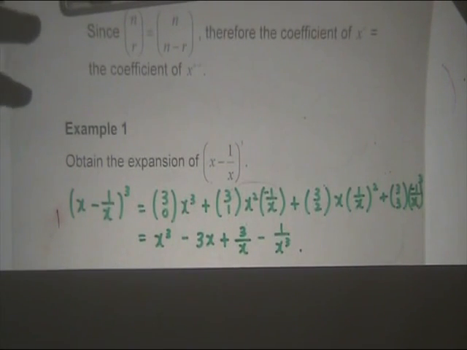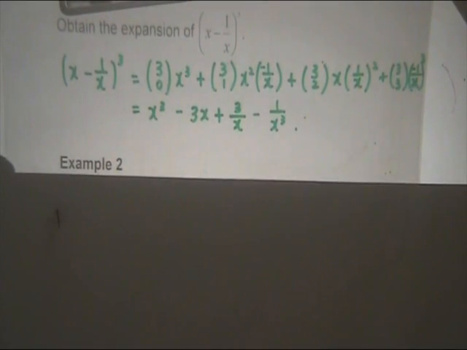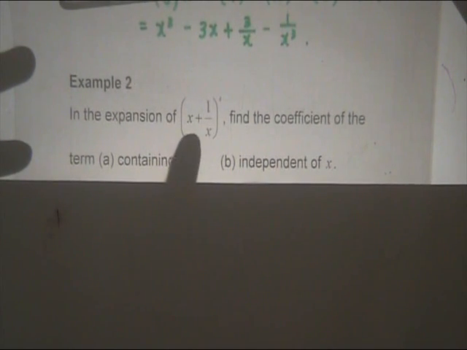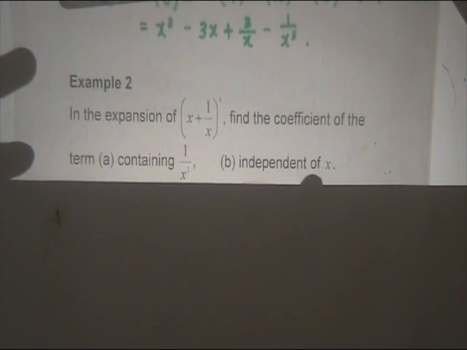Now we go on to example 2. In the expansion of (x + 1 over x) to the power of 4, find the coefficient of the term containing 1 over x squared and the term independent of x. For a question like this, we don't need to expand the whole thing.